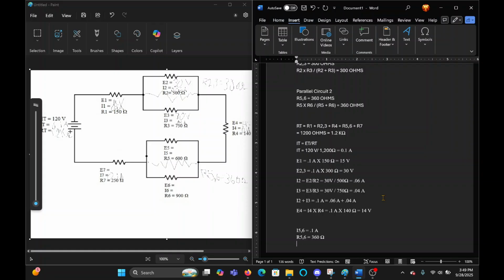Given that, we can solve for total voltage. E5 and 6, which will be the same, is going to equal 0.1 amps times 360 ohms, and that's going to equal 36 volts.